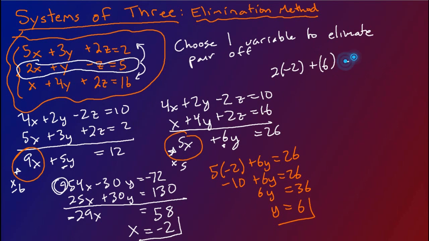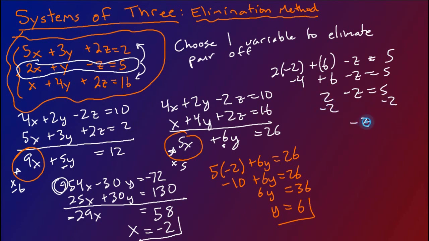Always replace into parentheses, equals negative z equals 5, or minus z equals 5. And now I have negative 4 plus 6 minus z equals 5. We'll combine those. We get 2 minus z equals 5. These look the same, that's why I put a slash there. So minus 2, and negative z is 3, which means positive z is negative 3.